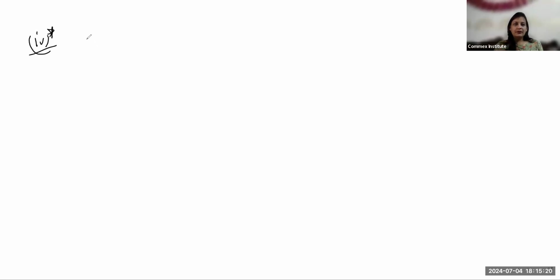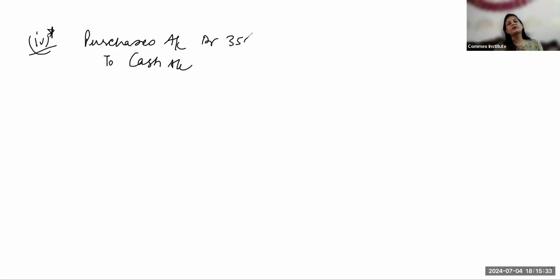So, yes, Sukriti, what will be the entry? Yes, to cash account, and right. Perfect. So we are not specifying the discount. Why? Because this is a trade discount relating to the list price. And we know the first discount given is your trade discount.